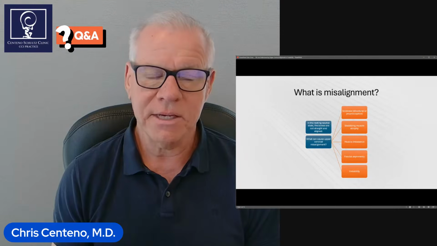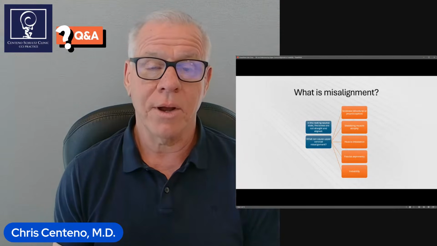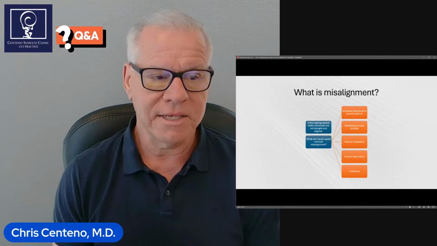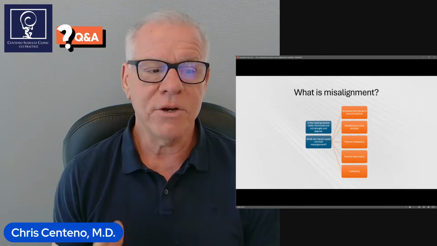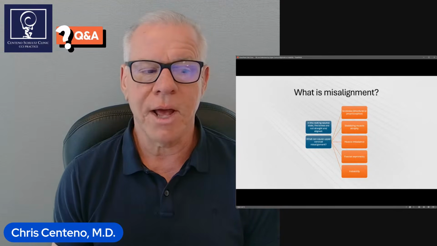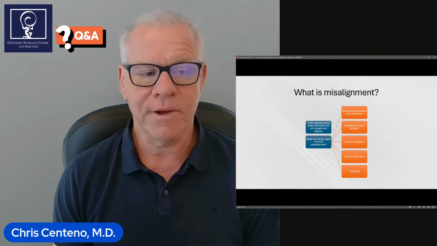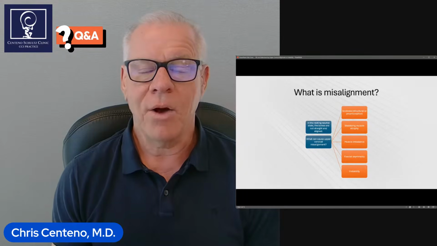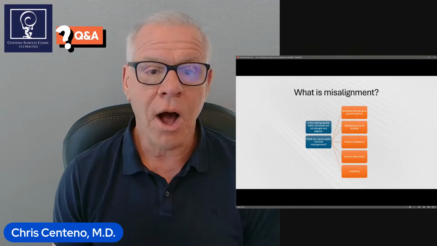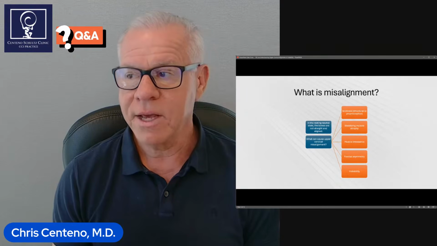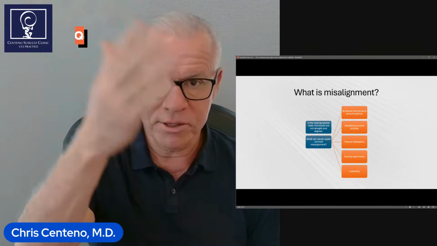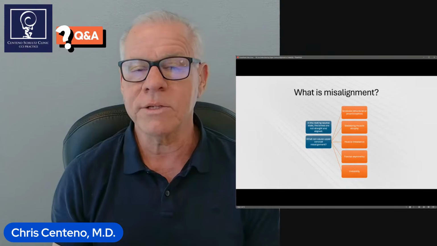Misalignment means, from a chiropractic or an upper cervical chiropractic sense, in the resting neutral state, the bones are not straight and perfectly aligned. Now, lots of things can cause misalignment. You can have a side bend in your spine, otherwise known as scoliosis.